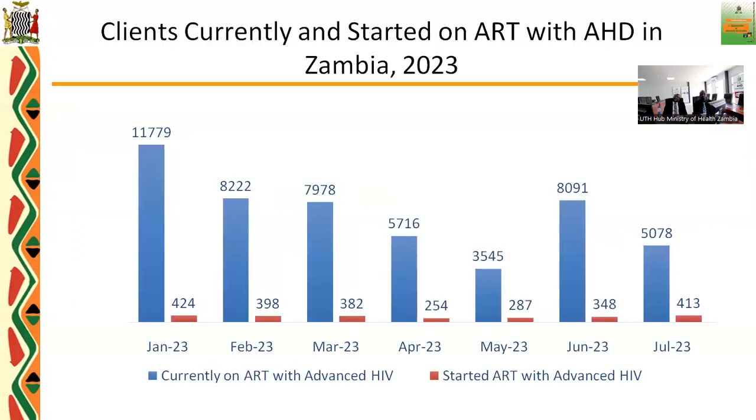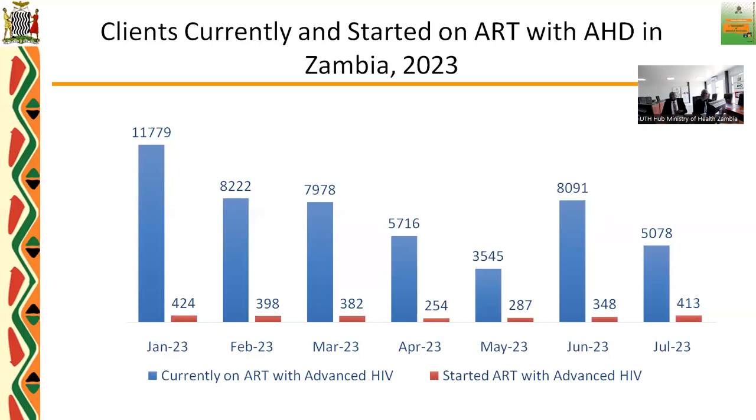Next slide. You can see the data that is there is very minimal. This is by July last year. We thought that there should be more patients with AHD than what we are seeing in the HMIS.